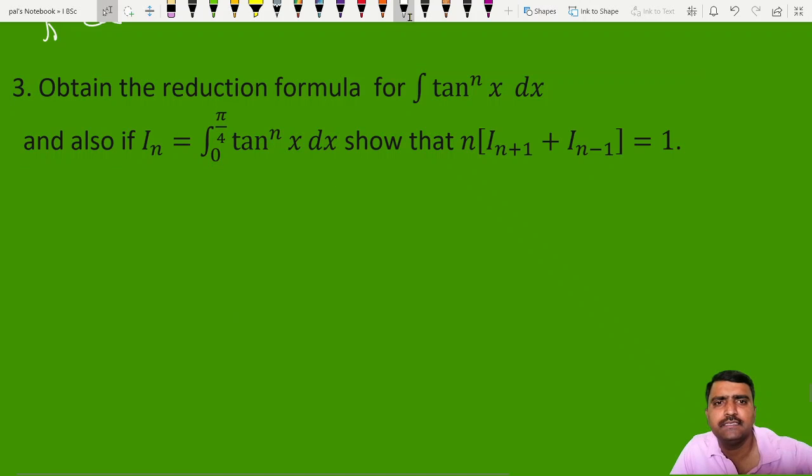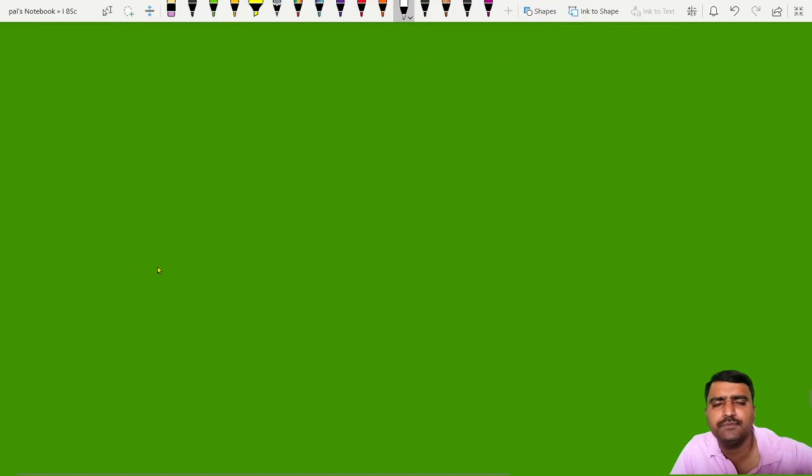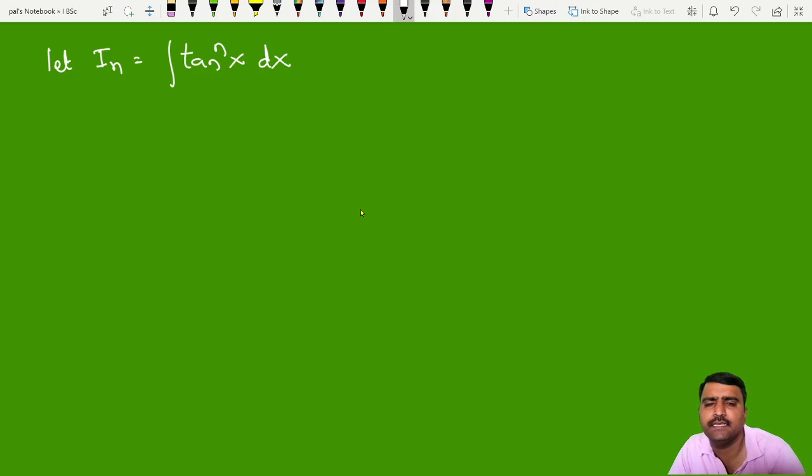To prove this result, let us consider the function integration of tan to the power n x dx. Let I_n be equal to integration of tan to the power n x dx.